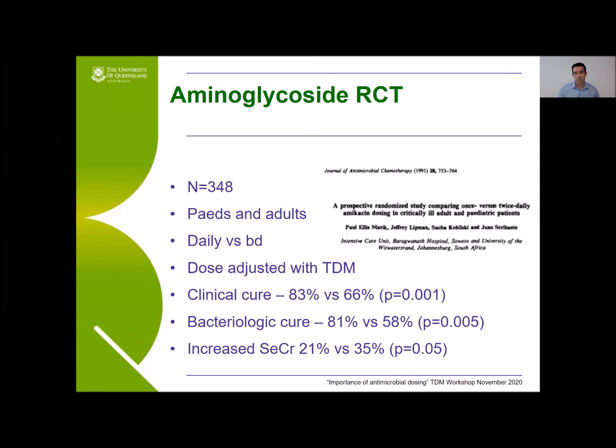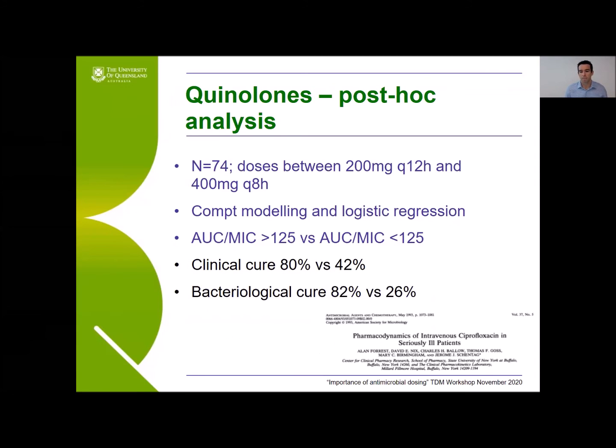So effectively, with the same dose being given over the day, you should get a very similar area under the curve, but it shows the importance of the peak concentration. So again, another form of dose optimization, better outcomes for patients.